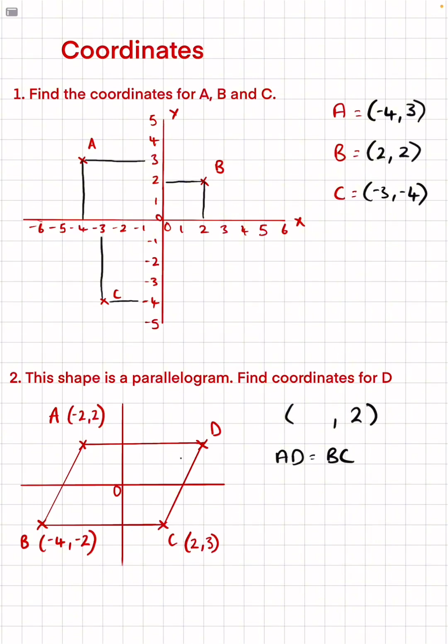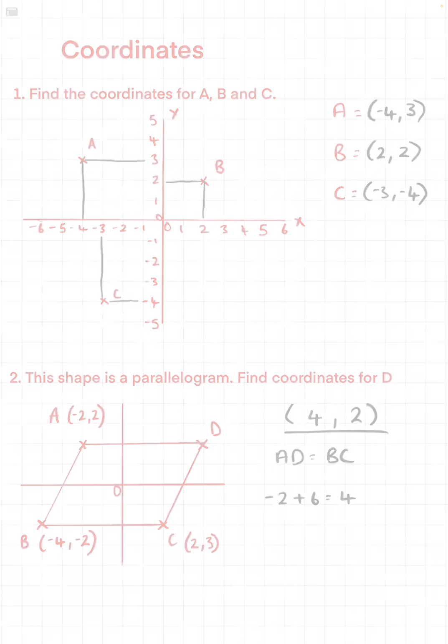So the x coordinate for point D must also be 6 units to the right of point A. To work out the x coordinate of point D, we need to do -2 add 6, which equals 4. So the x coordinate for point D is 4. So this is the answer.